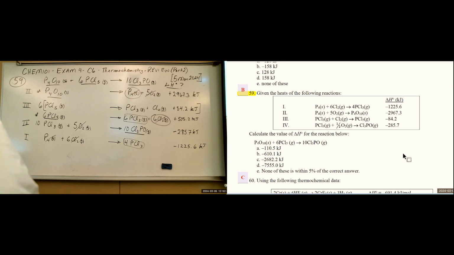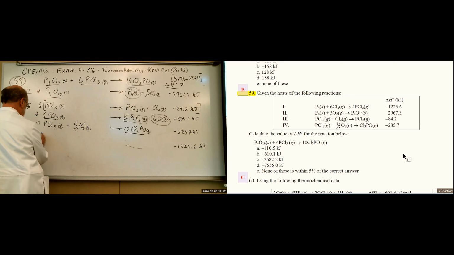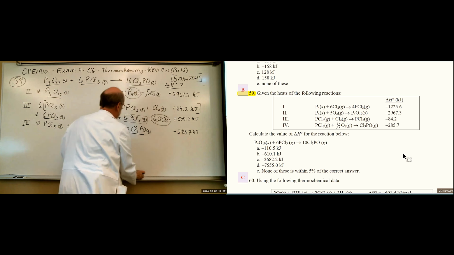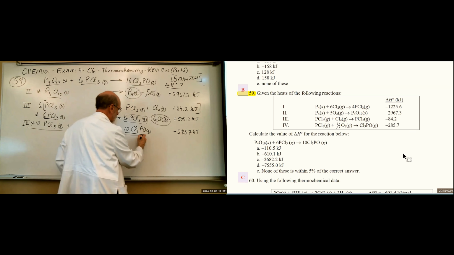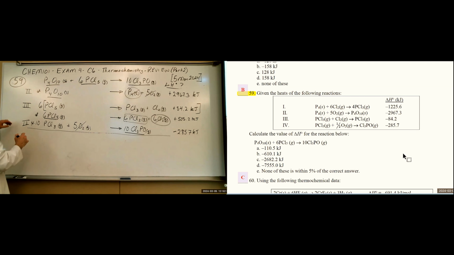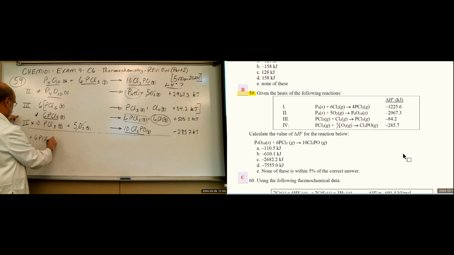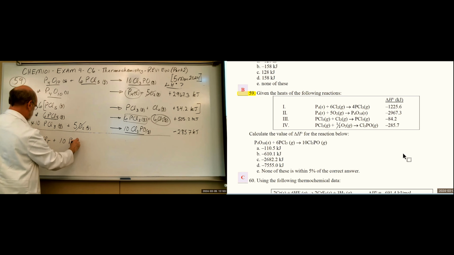Okay, what I did next was, before we tried to do this one, I brought all of these down. So let's do that. Maybe I can see where my problem is if I do that. So I'm going to bring down everything that's crossed out also. So P4O10, I'm not going to write the phases in there because they get jumbled up. 6 PCl5, 10 PCl3.